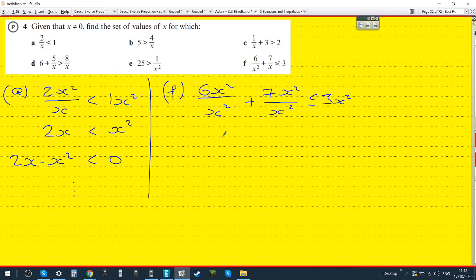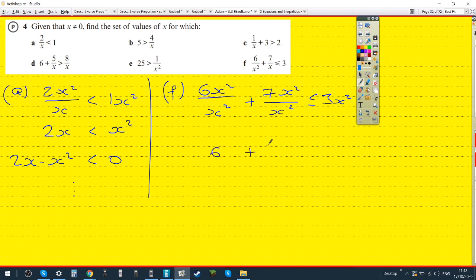So can you divide 6 by x squared? Oh, it would be 6x squared. Okay. So 6x squared over x squared. What does that simplify down to? Would that just be x? Or just 6? Just 6, because they cancel out.